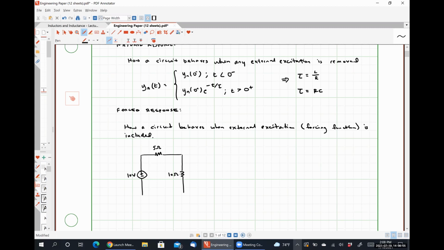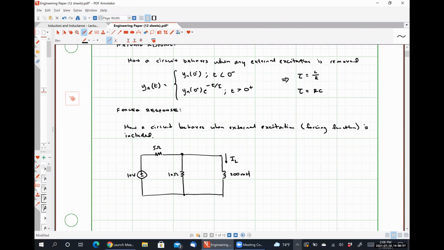And then we have a 10-ohm resistor connected in parallel with a 200 millihenry inductor, like so. Our forced response would be this DC inductor current, IL, okay?